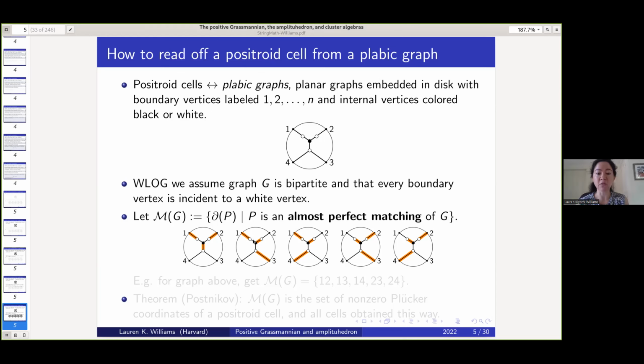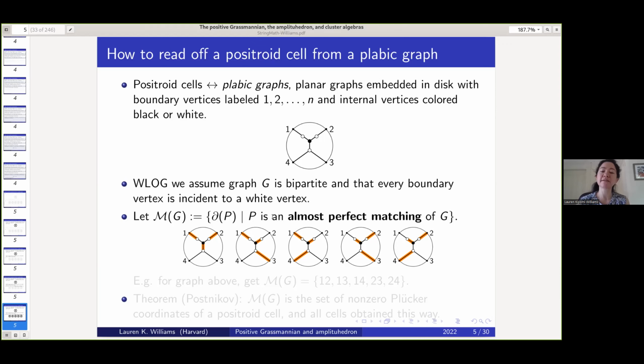So these orange edges show edges in almost perfect matchings. So this, for example, is an almost perfect matching because each interior vertex, white or black, touches exactly one orange edge. And we're saying almost perfect matching here because we don't care about whether boundary vertices get matched or not.